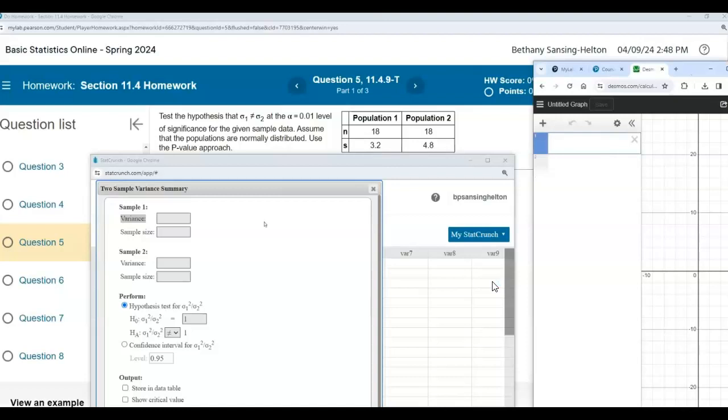And so for sample 1, we're going to take 3.2 and square it. And so it's 10.24. My n is 18. And the other one was 4.8, squared is 23.04. And the sample size is also 18.